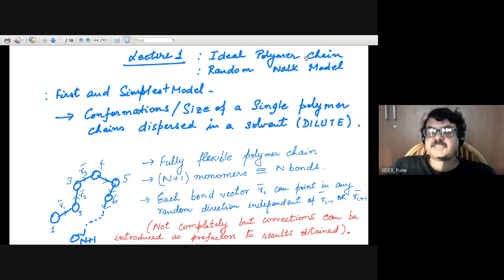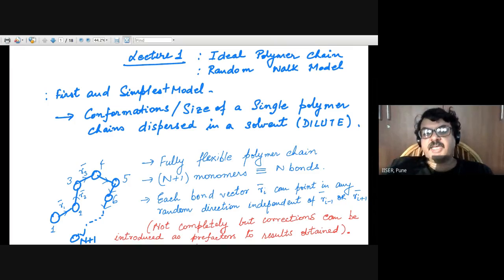It is an idealization, and with this idealization, we can exactly, analytically get some answers about the size or the spread of the polymer chain. While we know that some of the assumptions made will not be correct, this is a very good starting point, and from there we keep on adding corrections to it and get to more realistic polymer models and their properties.